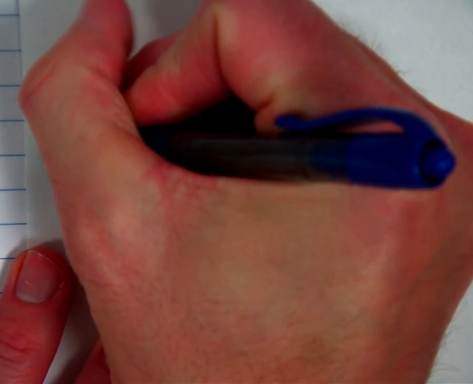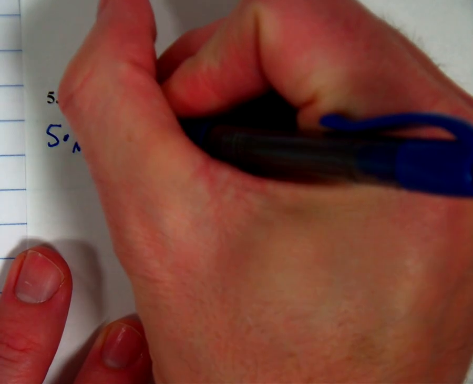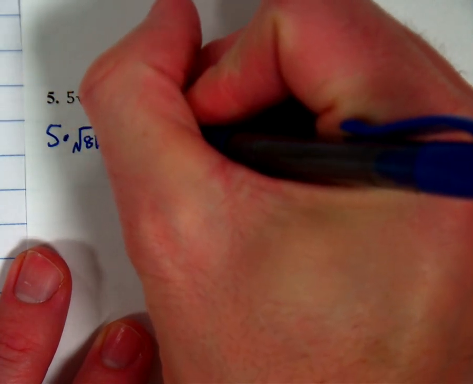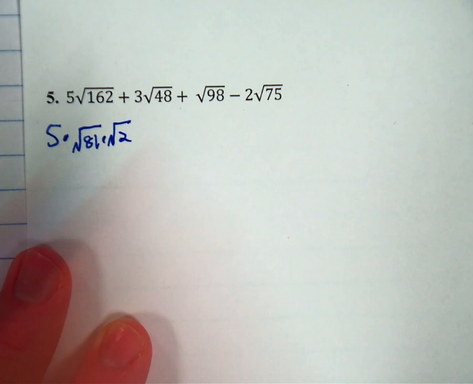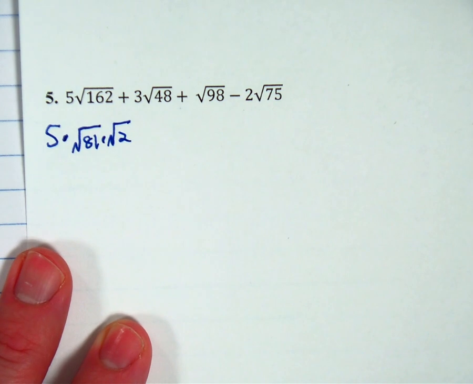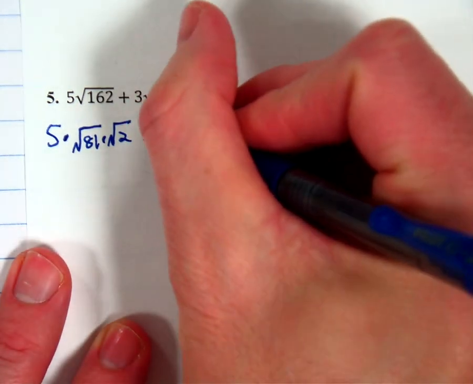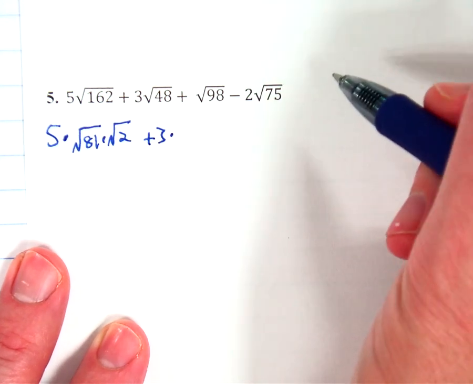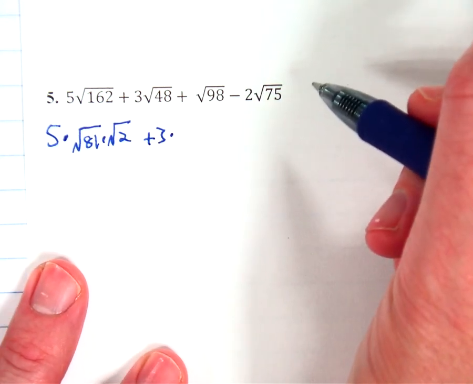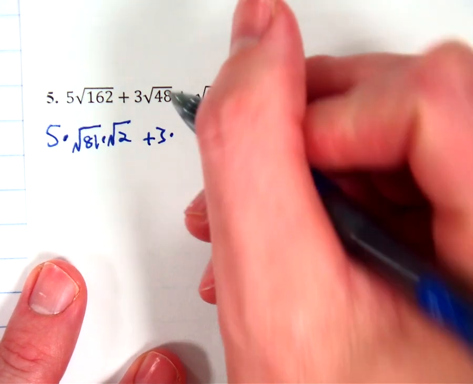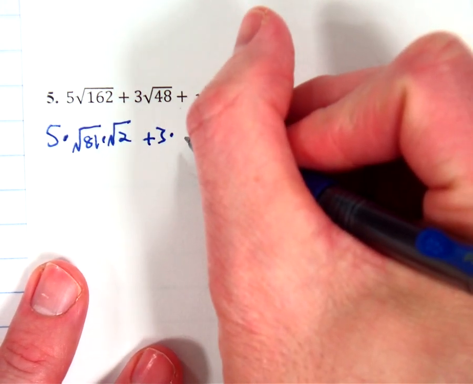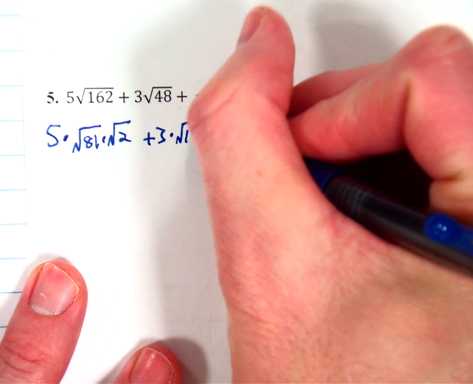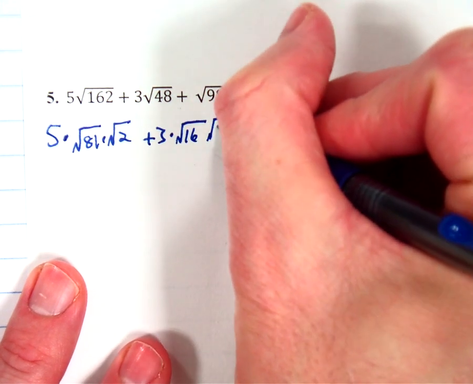We're going to have 5 times square root of 81 square root of 2. Then 3 times 48. How are we going to break up 48? Perfect square with 48. Not 4. Go bigger. 16. Square root of 16 and 3.